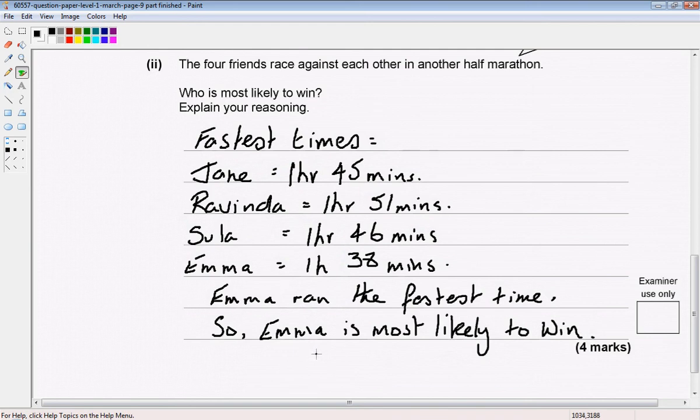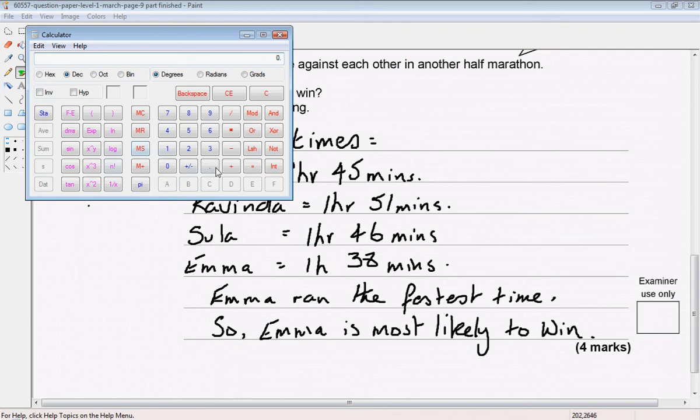Now, the one thing that I did want to talk about on this sort of question is time. Now, when we're dealing with time, the one thing to remember is that, for example, if I pull up the calculator, if I have 1 hour and I divide this into 4, so that's 1 divided by 4, I get 0.25.